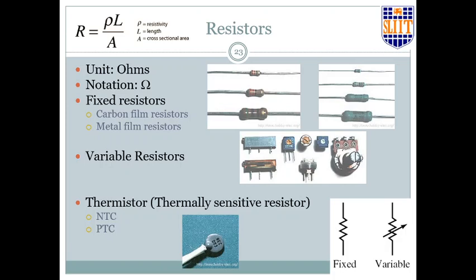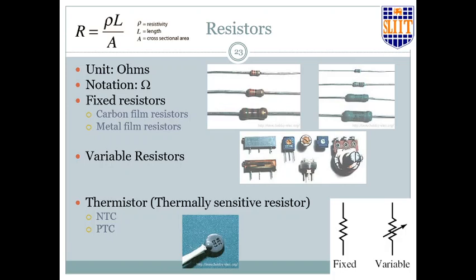They coat the surface of the cylinder with a metallic coating and then scrape a spiral on it. So by adjusting the thickness of the coating and the width of the spiral, the scraping depth and things like that, you can adjust the cross-sectional area and the length, and thereby you can adjust the resistance.